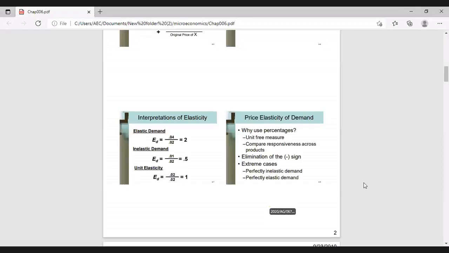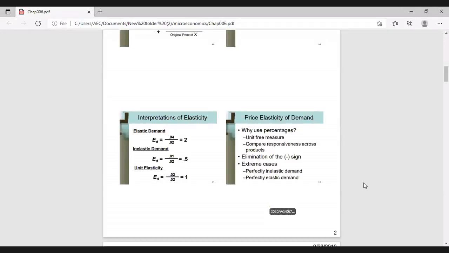The y-axis is price, the horizontal axis is quantity. So whatever the price, there is no change in the quantity. The demand curve looks like a vertical line parallel to the price axis, the y-axis.